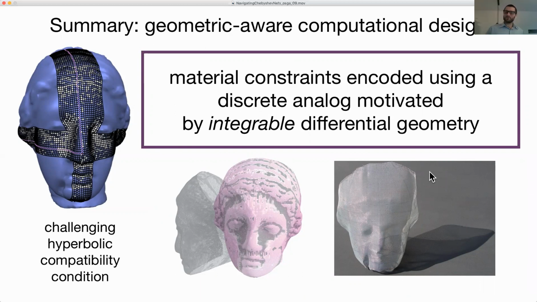Like here, for example, studying integrable differential geometry and its discrete analogs led us to a definition, or actually we harnessed the definition that was known for discrete Chebyshev nets. We found this much more satisfactory than trying to overcome the challenge of this hyperbolic compatibility condition on the original surface.